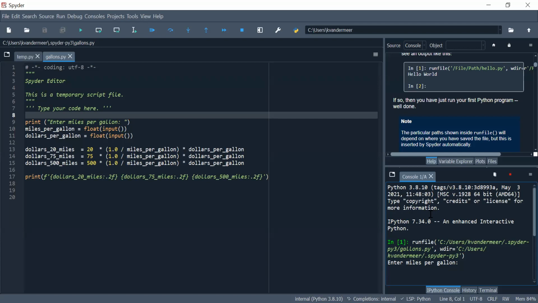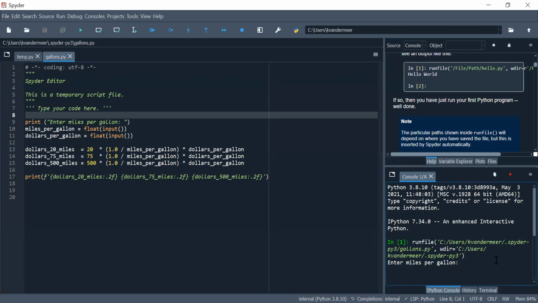Okay, I ran it this time, and now in my console or output window, this is the same as your input box in Zybooks, but you never see a box like that unless you code it with GUIs. So here is where I'd say, this is how many miles per gallon.